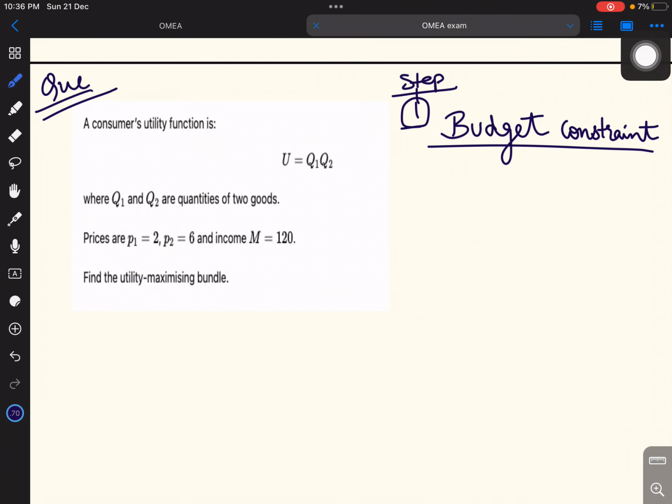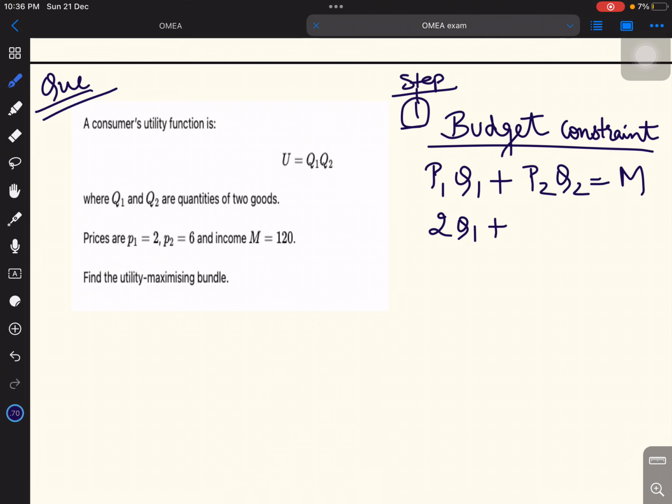Let me first write the formula: P1Q1 plus P2Q2 equal to M. We have been given P1 as 2, so this is 2Q1 plus P2 is 6, so 6Q2, M is given to us as 120. So this is the budget constraint.